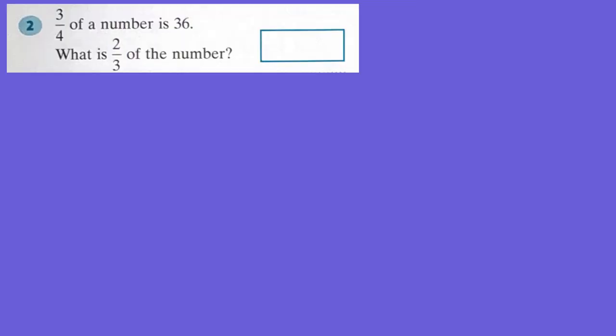If 3/4 of a number is 36, that means that 3/4 represents 36. So really 3 parts are represented by 36. Can you see that if I divide 36 into 3, I will get 3 parts, and they will all be 12, 12, and 12.